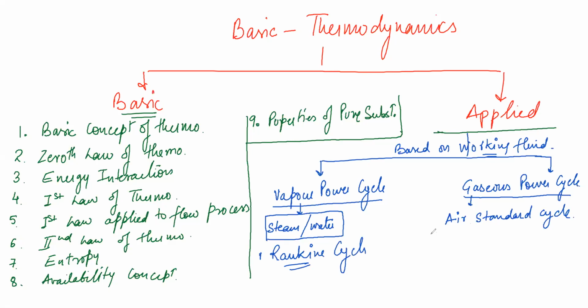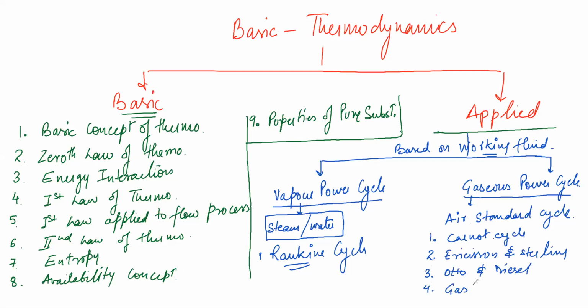Likewise, in air standard cycle, we'll first study the Carnot cycle, then the Ericsson and Stirling cycles, basically. Then we'll study the Otto and diesel cycles, and lastly we'll study your gas turbine. Gas turbine means your Brayton cycle, right?